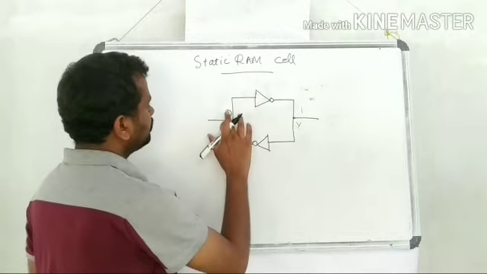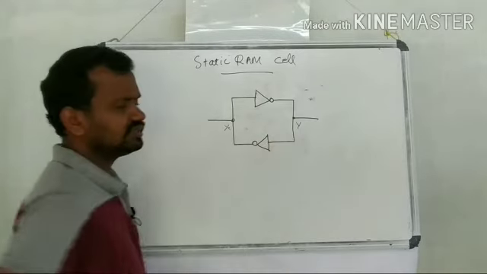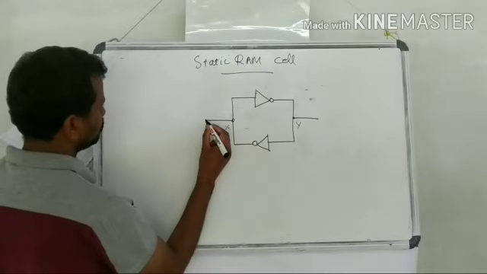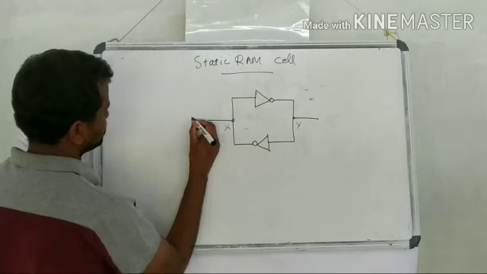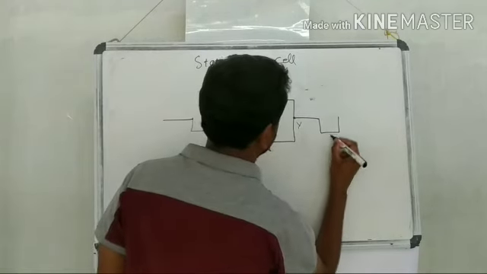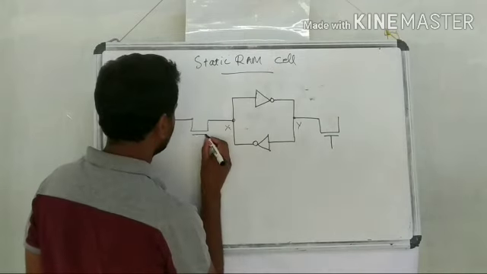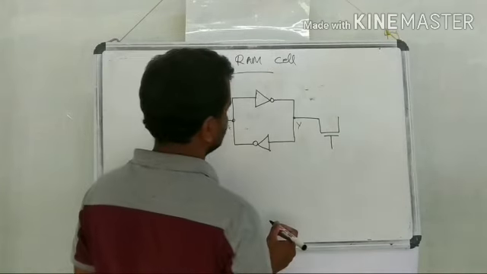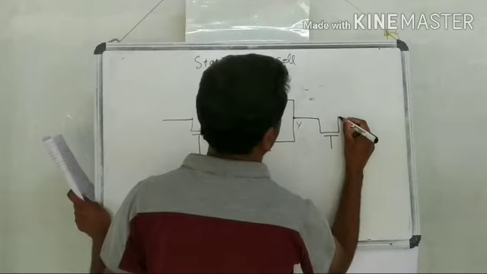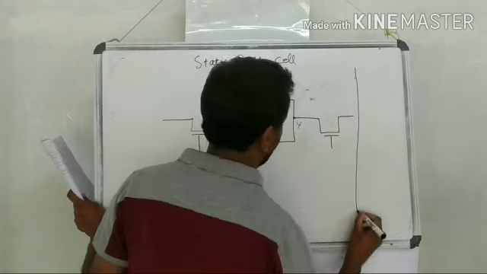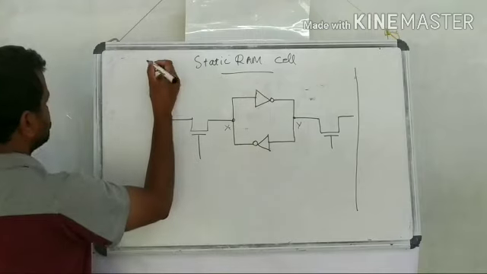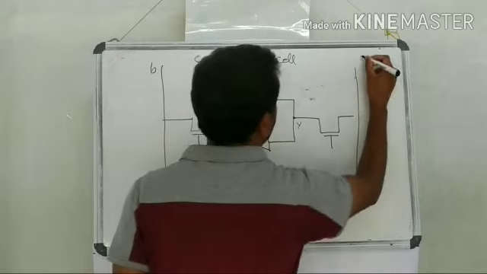Then how will it be connected with our bit lines and word lines? For that purpose we will use two transistors. This is one transistor and this is another transistor. This is our bit line, B and B bar.